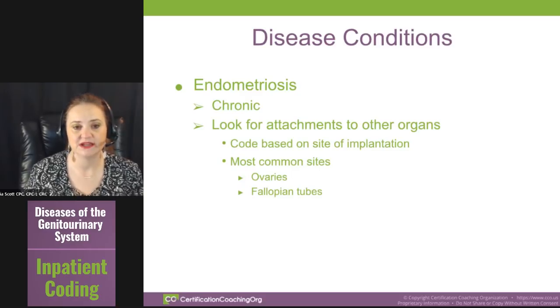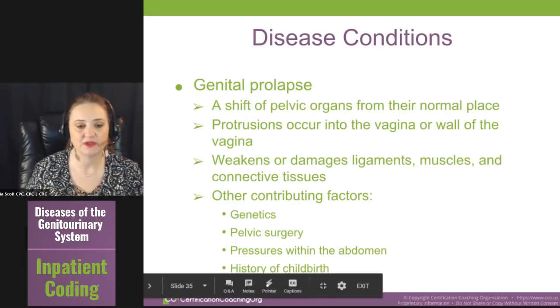My daughter has this, and the medication works. My mother has had a hysterectomy, so she didn't have to worry about that anymore. But the codes will be based on where the endometriosis attaches itself. The most common places are the ovaries and the fallopian tubes, but it can attach itself anywhere in the abdominal cavity, honestly.